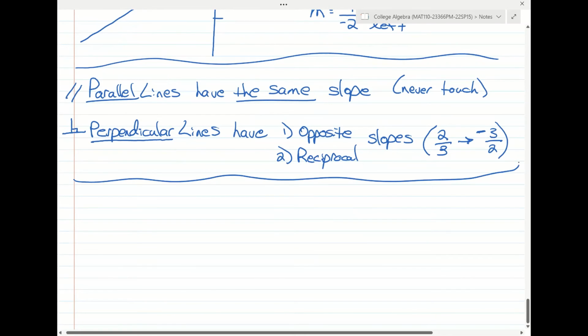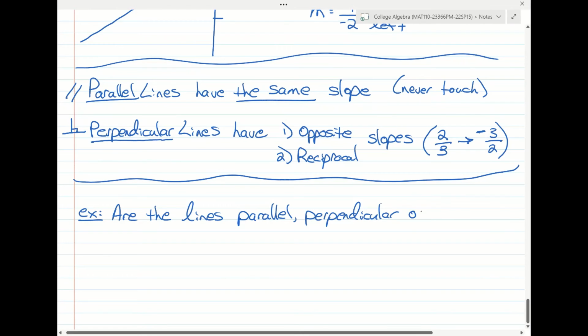I wanted to finish this section by giving you a few examples where I ask you, are the lines parallel, perpendicular, or neither?